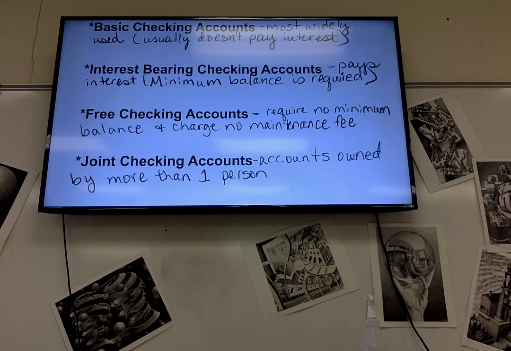Let me caution you, as you get older, move out on your own, your seniors, be careful about getting a joint checking account. I know when you are with somebody and you think you're in love, and you may be in love, that doesn't mean that they're very financially stable.